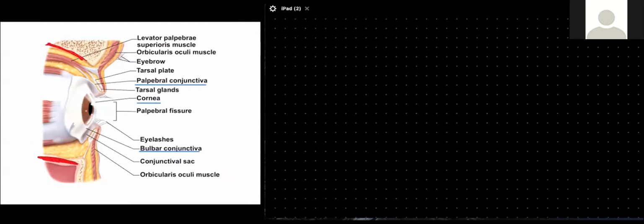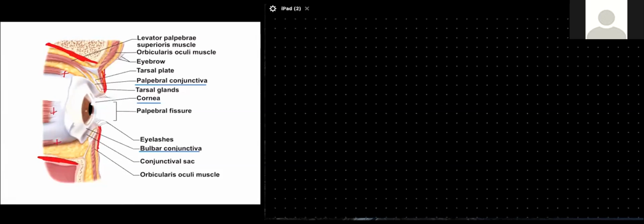And we're going to have muscles that will be attached to the eyeball, and you will see that the superior and inferior eyelids are covering the anterior surface of the eye.